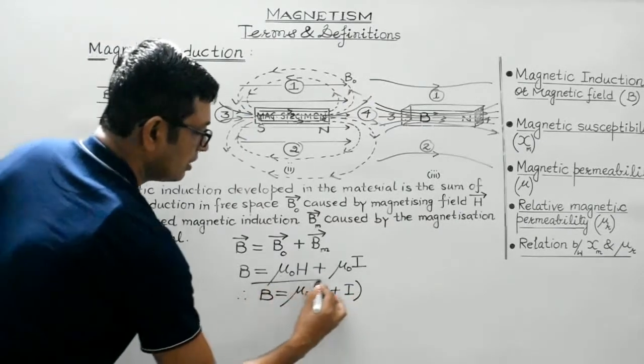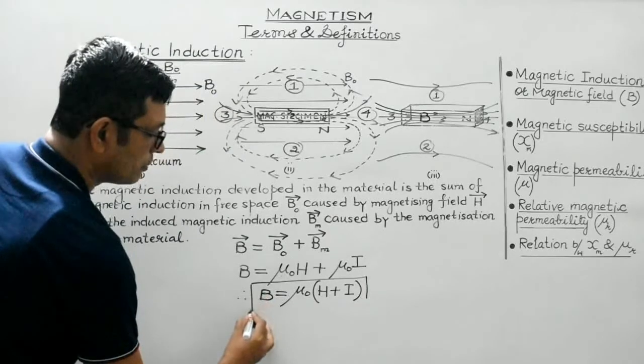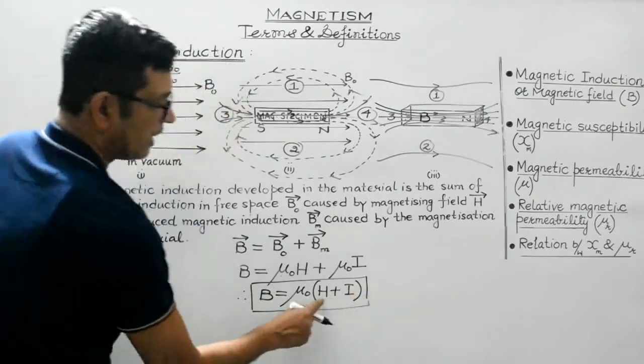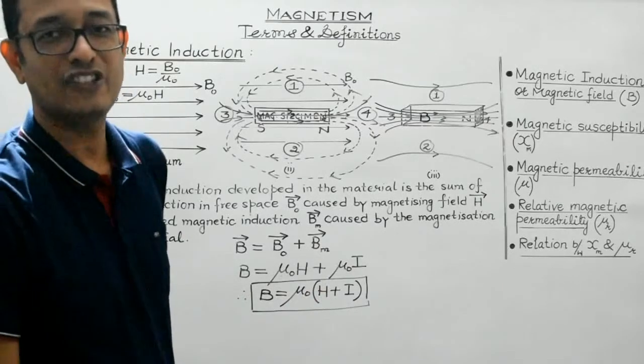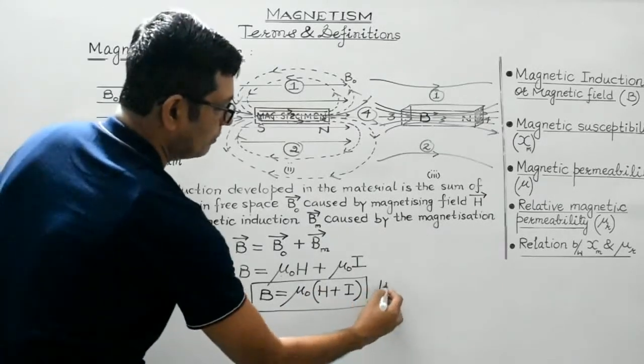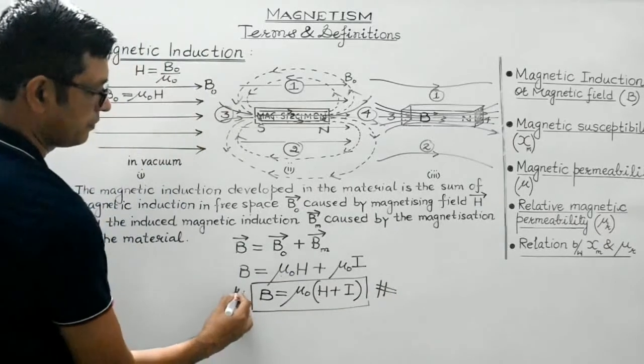So this is the relationship between magnetic induction, magnetizing field and the intensity of magnetization. Clear? So this is a very, very important relationship.